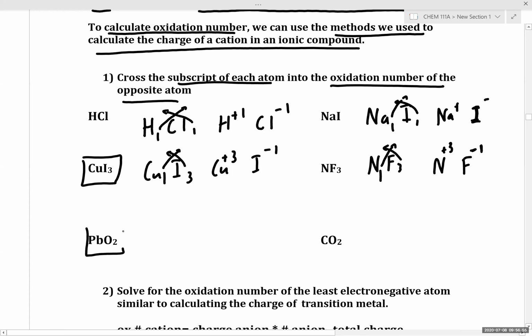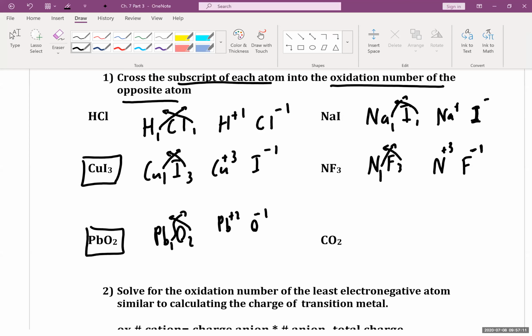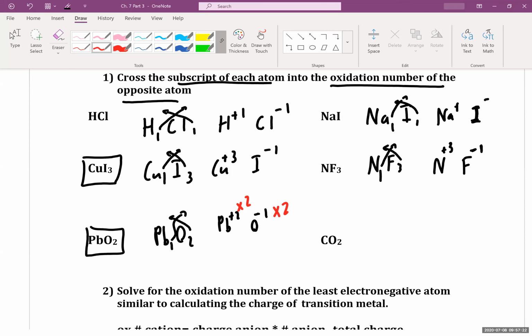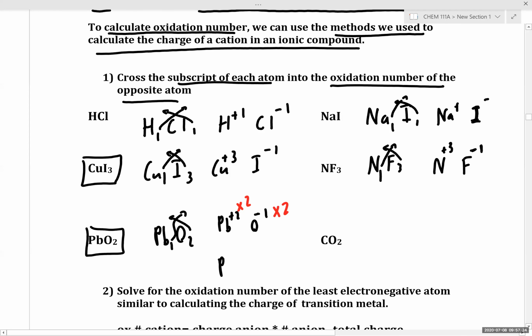Let's look at another example. Lead 4 oxide, so we have PbO2. If we reverse cross our charges this time, that gives us lead +2 and O -1. Now, oxygen typically has a charge and oxidation number of -2. So we need to multiply both of our oxidation numbers and both of our charges by 2.